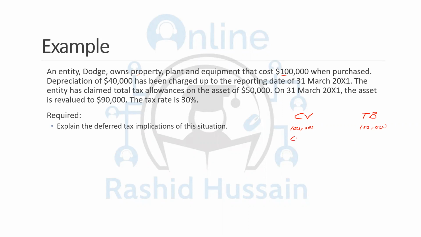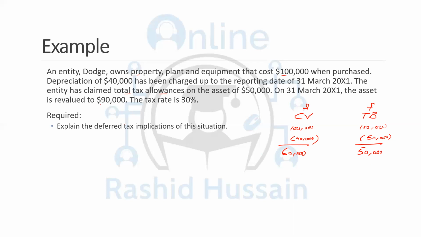So you need to deduct 40,000 from it, and then you get the carrying amount, which is 60,000. The entity has claimed total tax allowances of 50,000. So you just deduct 50,000 from here, and then you get the tax base, which is $50,000. So the carrying amount is 60,000 and the tax base is 50,000.